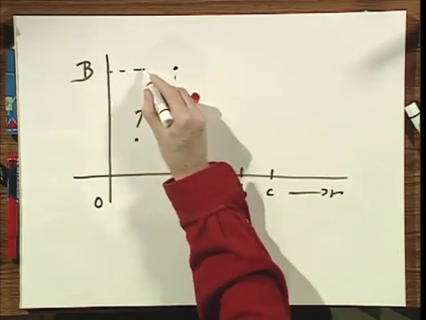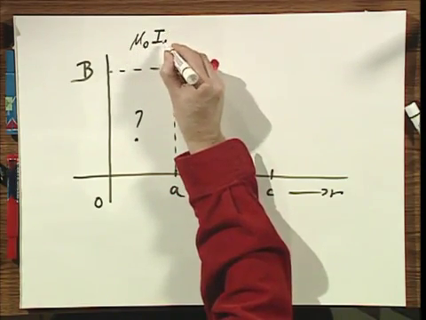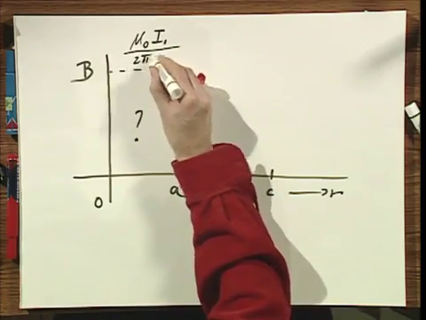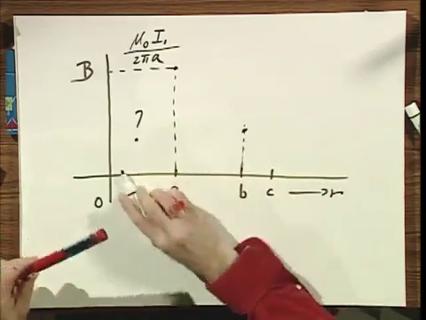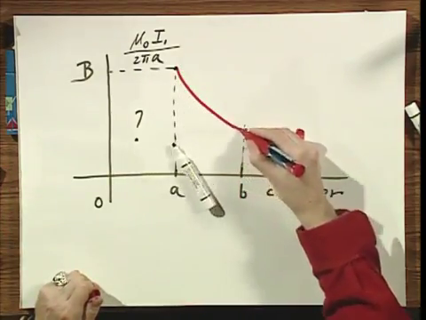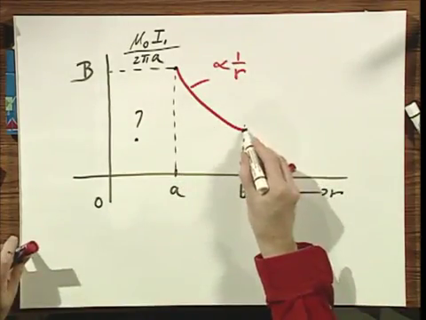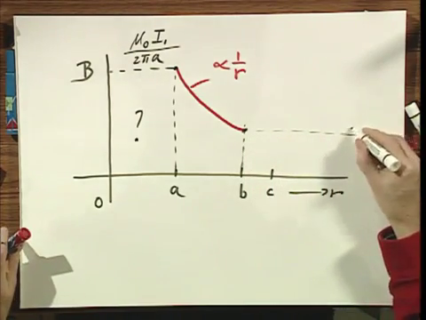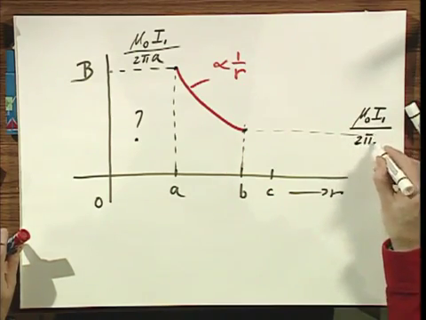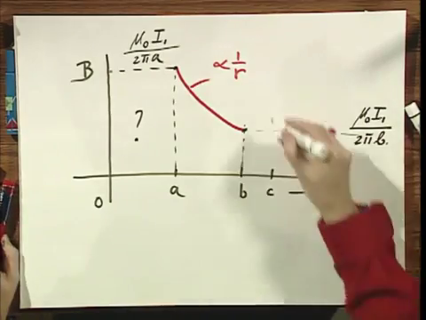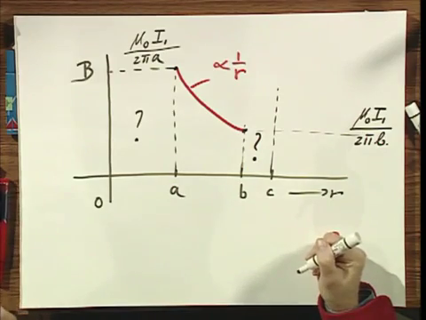Right here at this point A, the magnetic field equals mu 0 times I1 divided by 2 pi A. It will fall off as 1 over R, proportional to 1 over R. And right here at this location, it will have the value mu 0 times I1 divided by 2 pi B. What happens here in this metal, we don't know yet, but you will learn about that later.